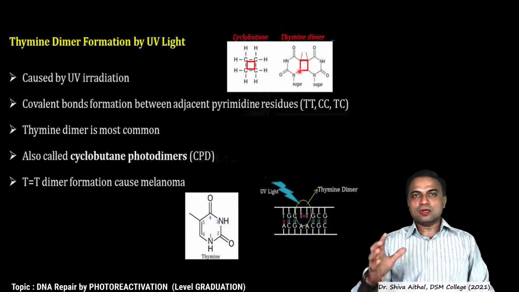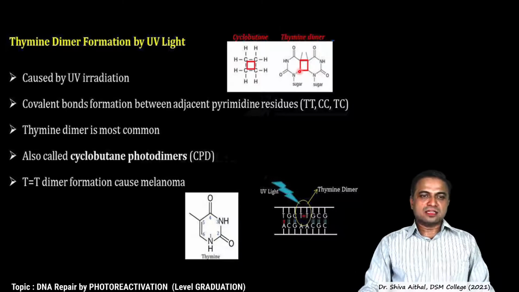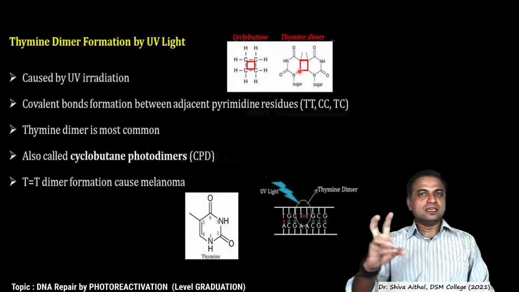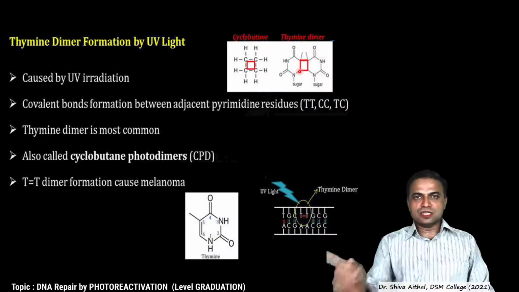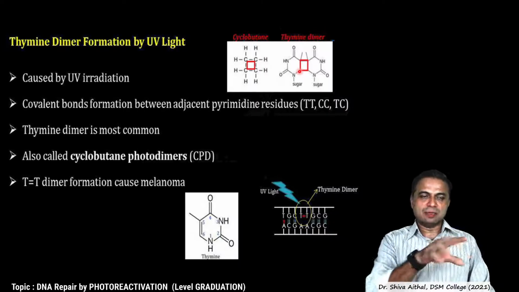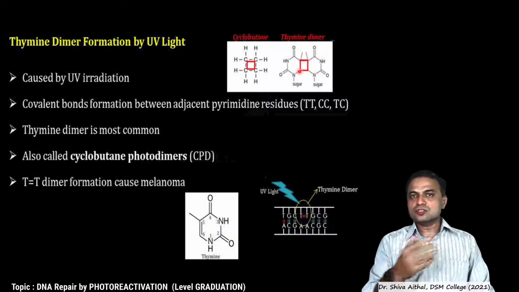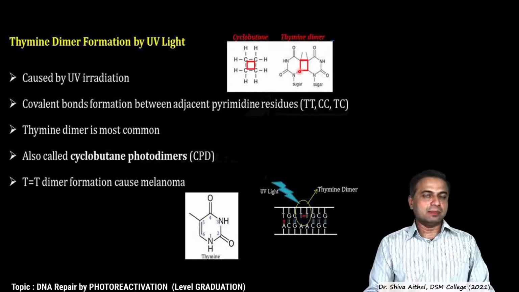They are called cyclobutane photodimers, CPD, and thymine dimer formation causes melanoma in humans. In the bacterial cell, it causes the stoppage of DNA polymerase. DNA polymerase will not move further on this dimer, it halts, and there is stoppage of DNA replication, ultimately may lead to cell death.